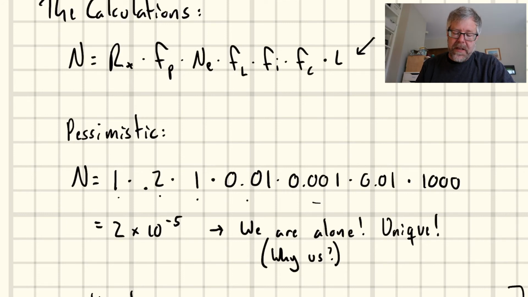So you multiply all those numbers together and you get that the number of civilizations that exist in the galaxy that we can communicate with is roughly 2 times 10 to the minus 5th. This has to be over 1 in order for us to actually be able to communicate with anybody, anything. And so having 2 times 10 to the minus 5th means that we are completely alone, that there are no civilizations out there whatsoever that we can communicate with.